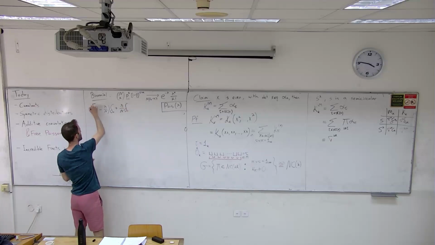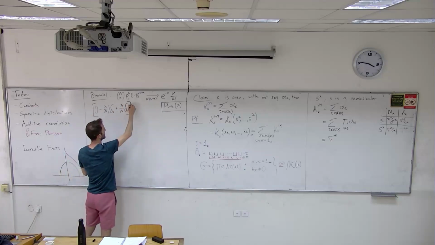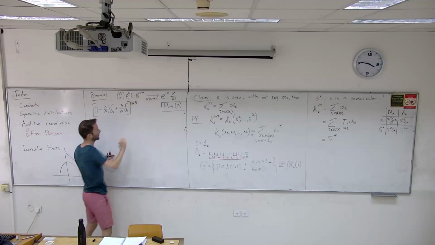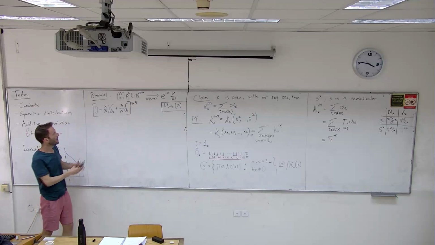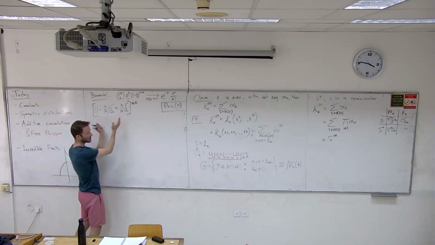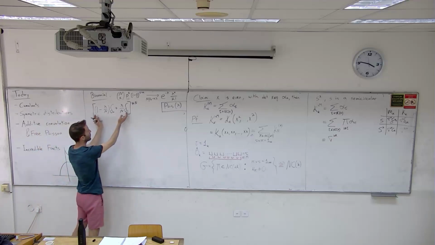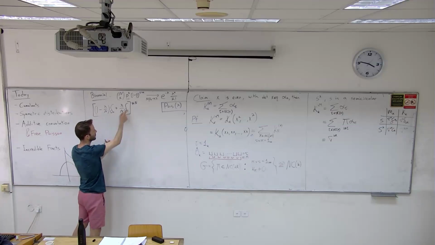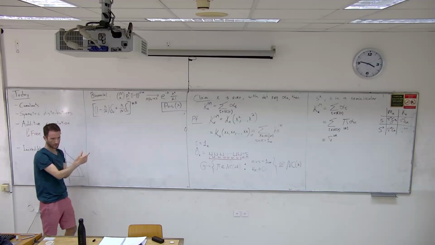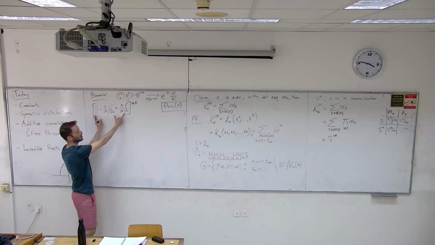We take this whole thing to the convolution power n. This is similar to what we did for the central limit theorem: we have one element, and we add up. The convolution sign means we add up independent random variables with this distribution.